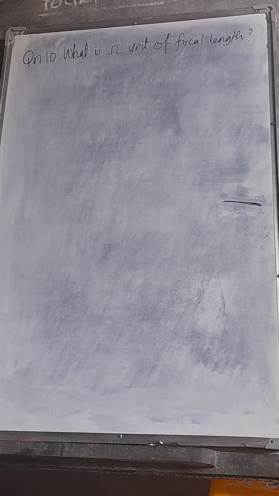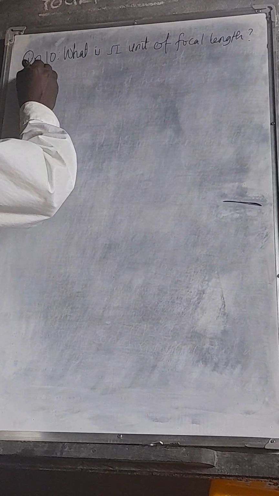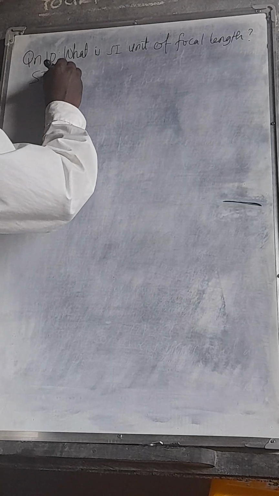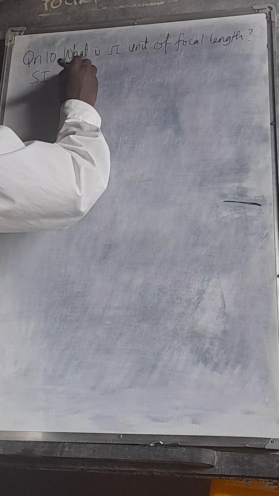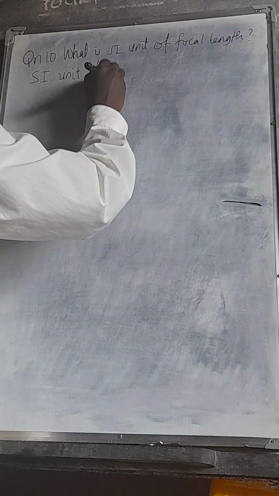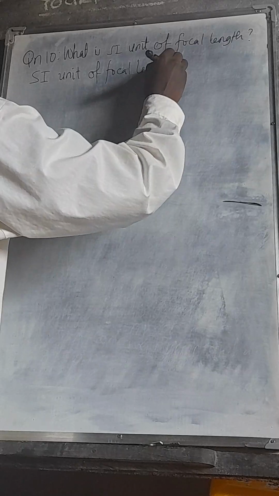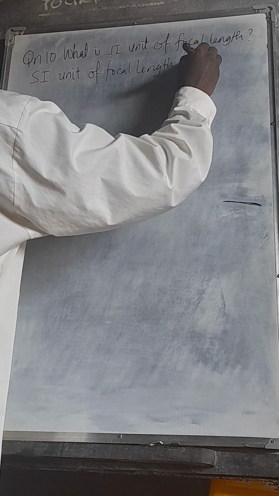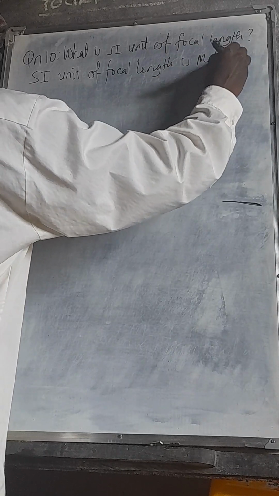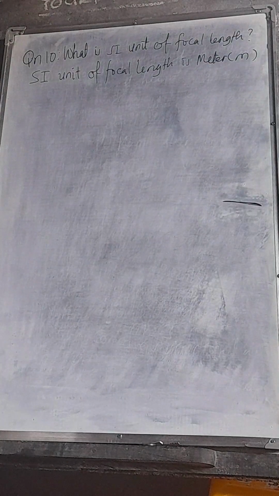Now, the SI unit of focal length is meter, because the focal length is a part of the length, and we know the SI unit of length is meter.